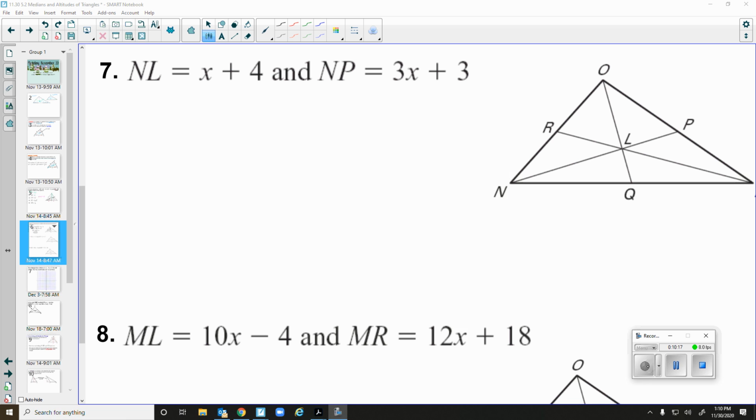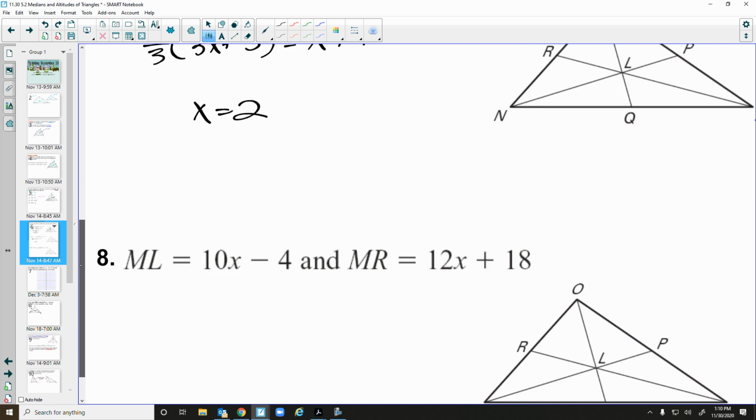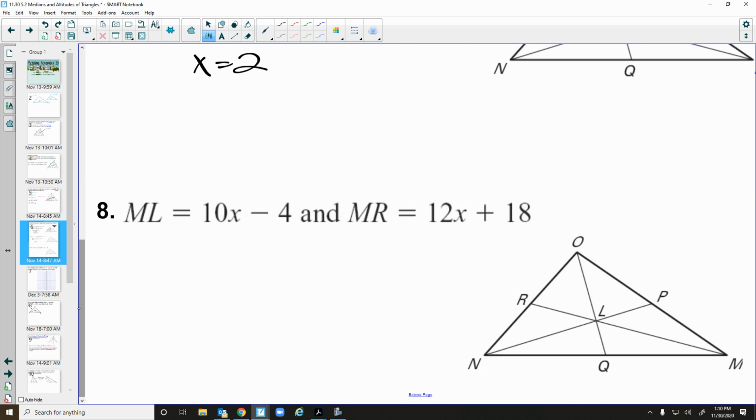Same 2/3 relationship. So 2/3 of your 3x plus 3 equals x plus 4. Is that right? Yep. So the next is 2. Okay, what I want to change on number 8. Change this to say RL.